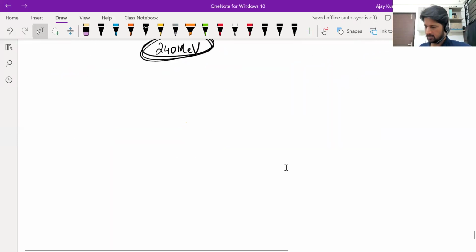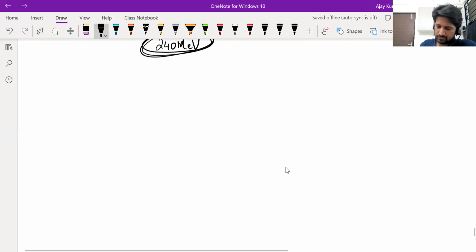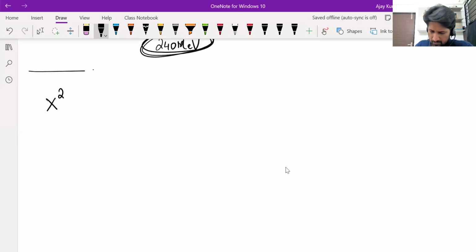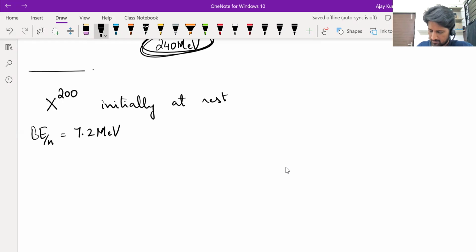Okay, let's try another problem. Let's consider some nucleus, let's say X200, initially at rest. And for X200, let's say the binding energy per nucleon is 7.2 mega electron volts.